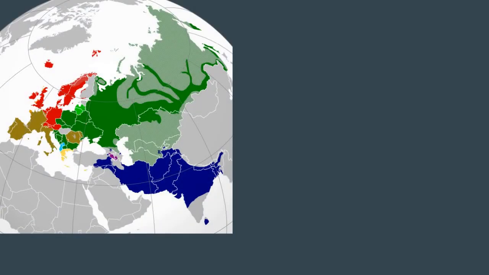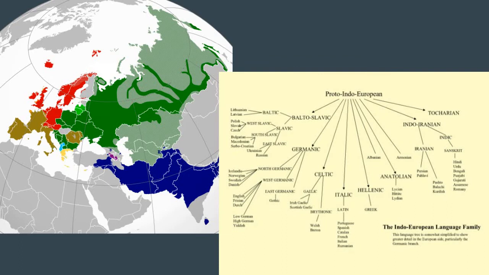Another visual that assists in understanding how languages have evolved and created new languages is this diagram. As we can see here, working our way down to modern English, Proto-Indo-European gave birth to Germanic, as well as Balto-Slavic, Celtic, Italic, Hellenic, Albanian, Armenian, Anatolian, Indo-Iranian, and Tocharian.